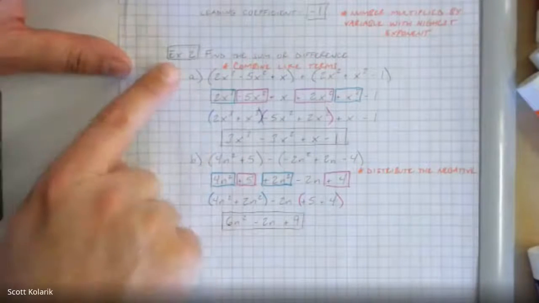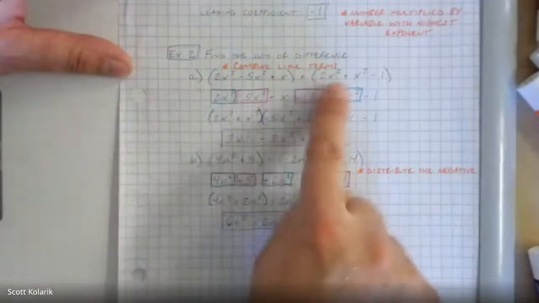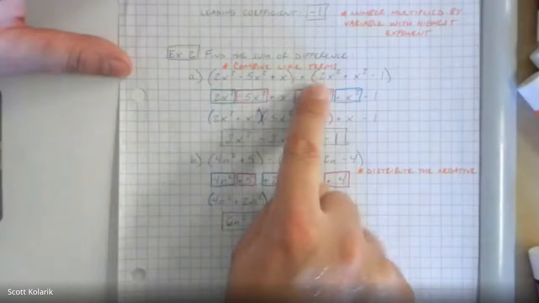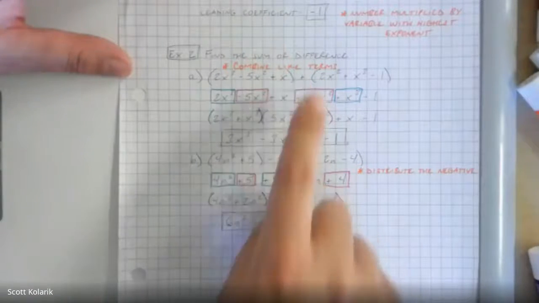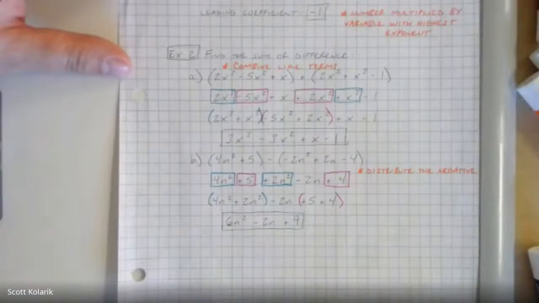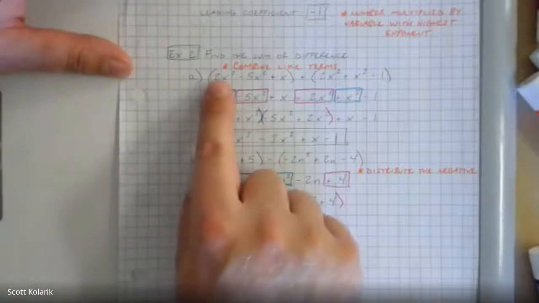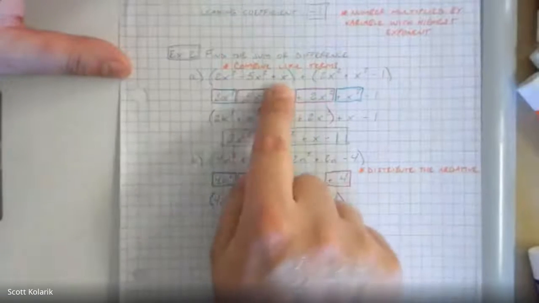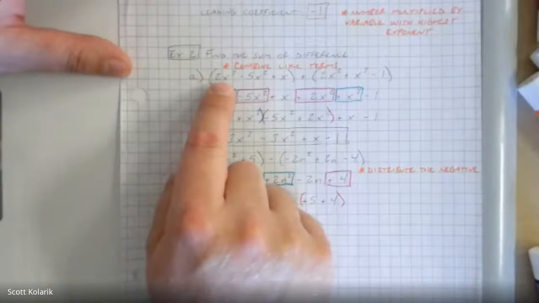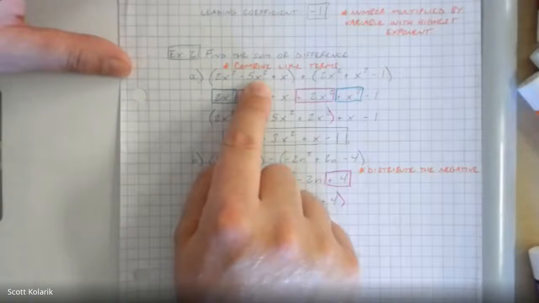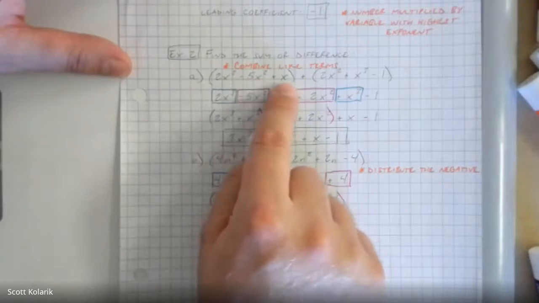Here's our first problem, where I'm combining two different polynomials through addition. Like I said at the beginning of this lesson, this basically breaks down to collecting like terms. One reason a polynomial stays a polynomial is because these x cubeds can't combine with the x squareds, and the x squareds can't combine with the x's.